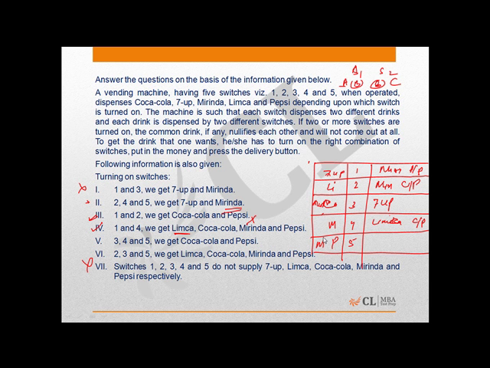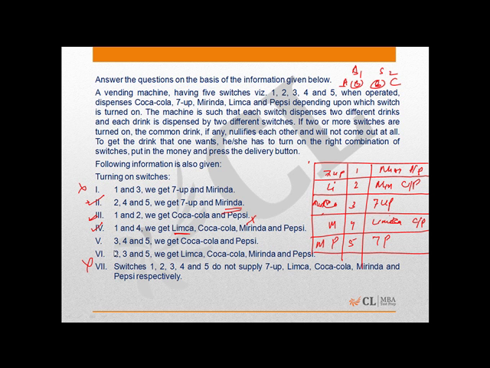From here we can conclude that 7 Up is dispensed by switch 5, as switch 4 dispenses Limca and one out of Coke and Pepsi, and switch 2 dispenses Mirinda and one out of Coke and Pepsi. So it is clear that 7 Up is one of the cold drinks dispensed by switch 5.